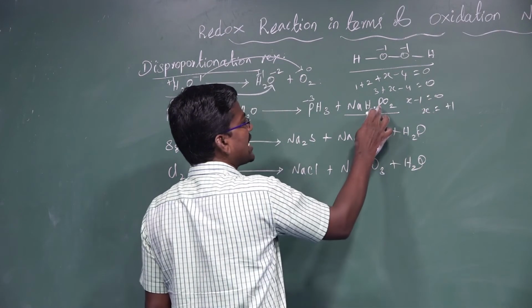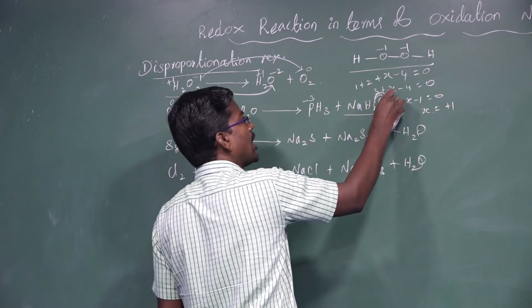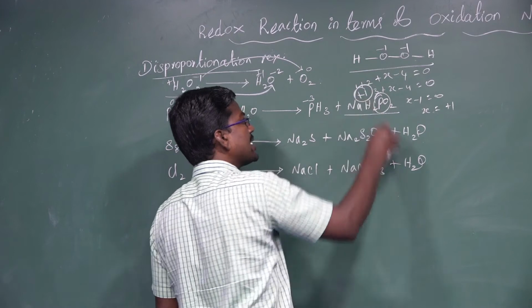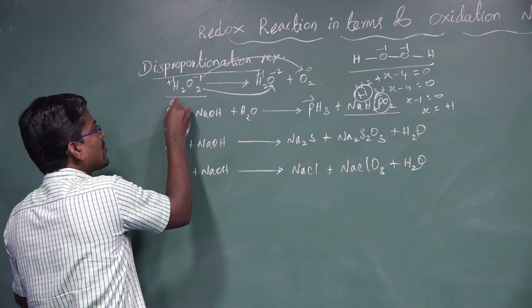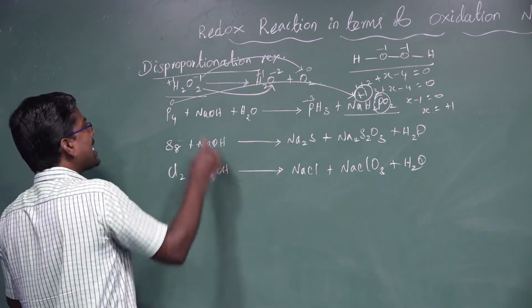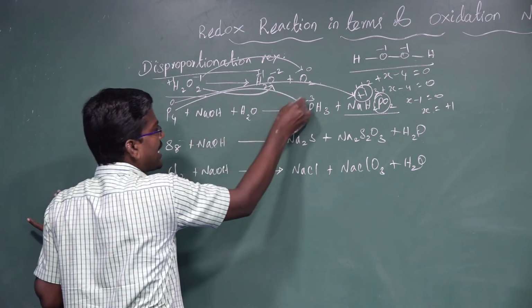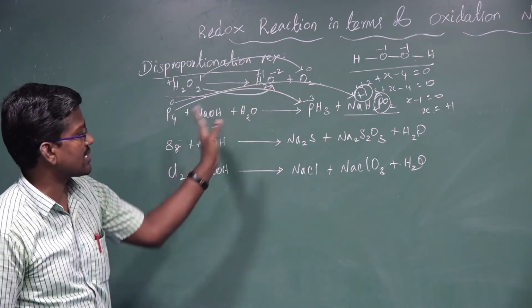So the oxidation state of phosphorus in sodium hypophosphite is plus 1. Here, the oxidation number increases from 0 to plus 1, an oxidation process. The oxidation number decreases from 0 to minus 3, a reduction process. The same element undergoes both oxidation as well as reduction.